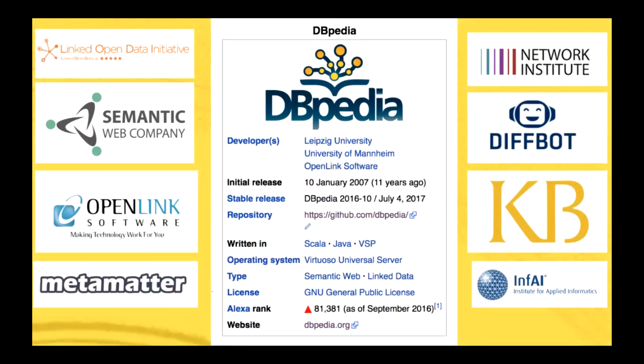DBpedia was founded at Leipzig University in collaboration with the University of Mannheim and OpenLink Software in January of 2007. Its operating system is formally Virtuoso Universal Server, which sometimes works and sometimes doesn't. Its type is considered a semantic web involving linked data or linked open data.